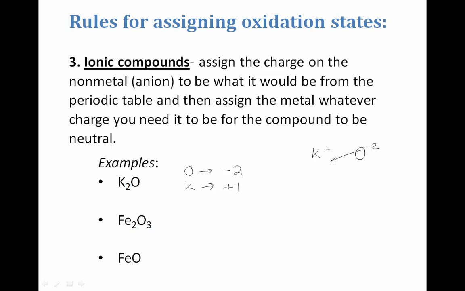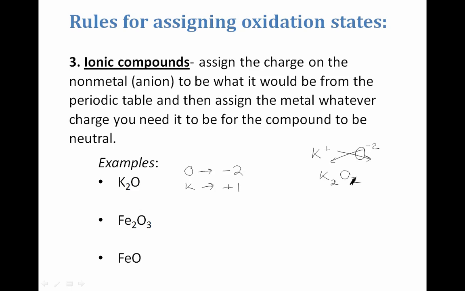So remember how we cross the charges? K2O1. Okay, and so this is exactly how you're going to do it. Assigning oxidation states within ionic compounds is just as easy as it is to figure out what the charge is just looking at the ionic compound.